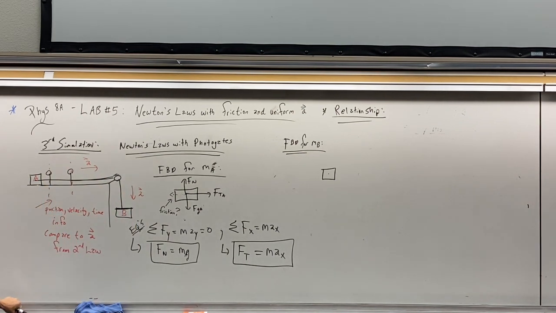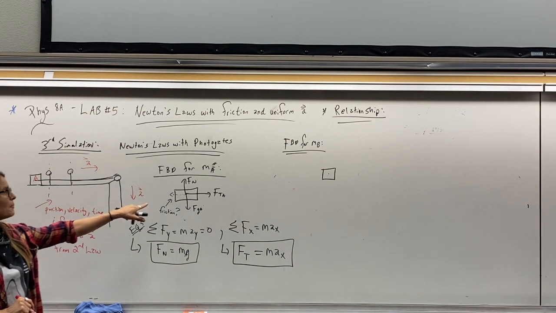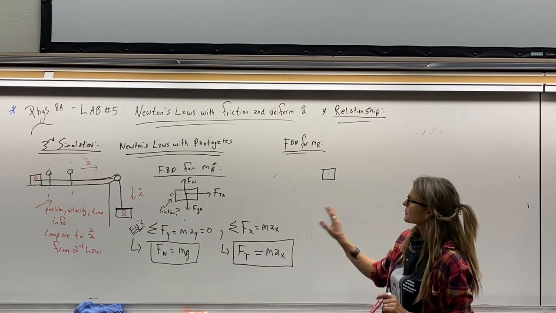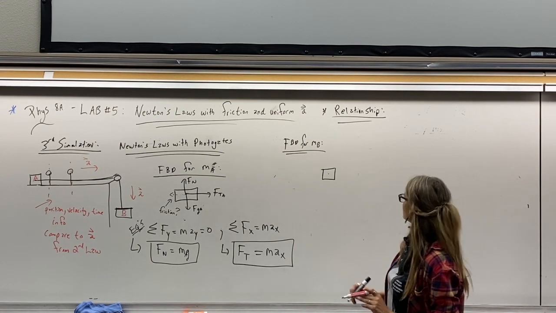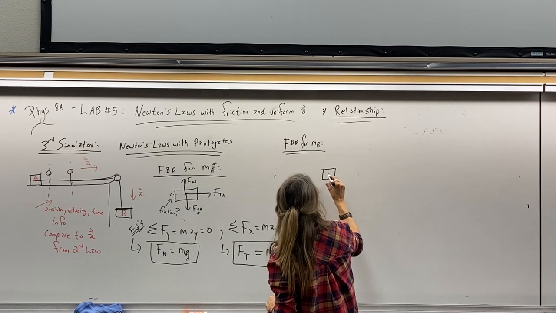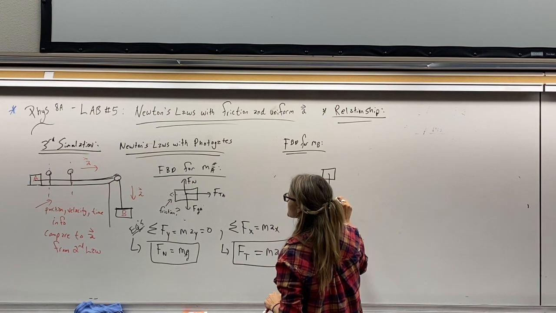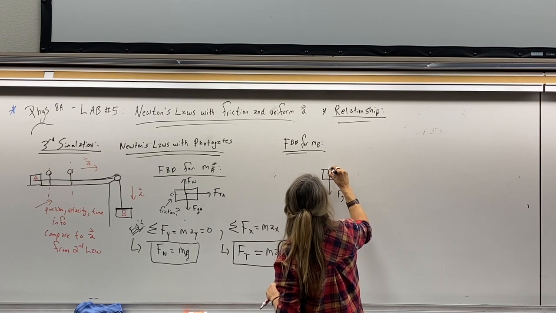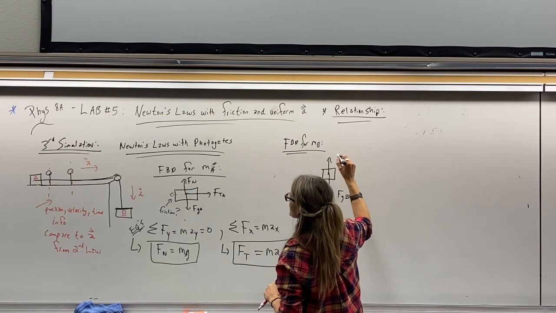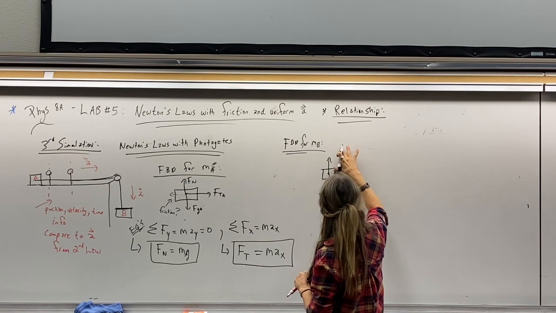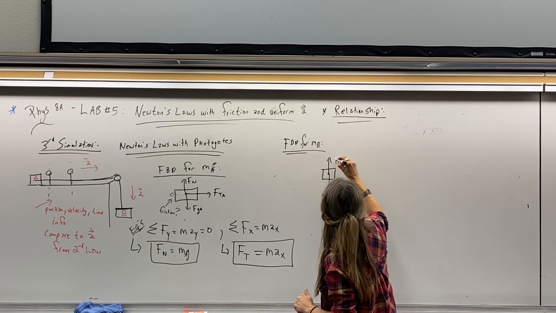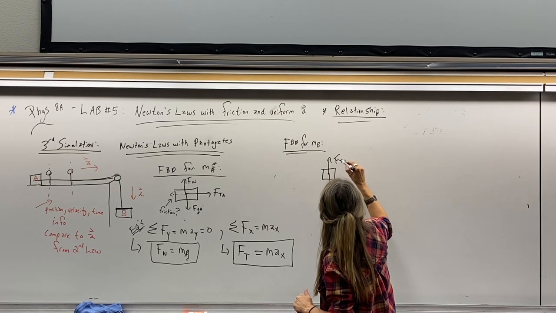So I'm stating that there is acceleration by my free body diagrams, and setting it up so that we could find that unknown acceleration. So in this case for B, we have acceleration downward, so this would be F_g on B, excuse me, and then we should have a smaller tension force here, smaller than the weight of B, so F_T on B.